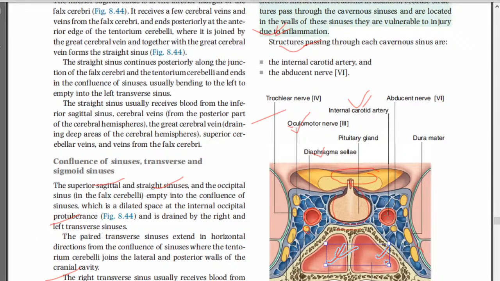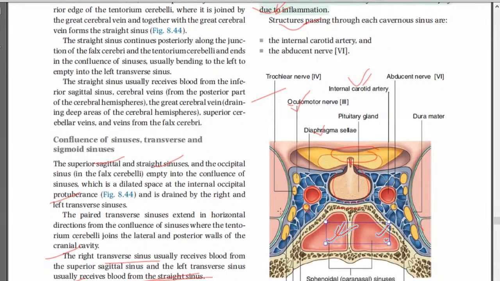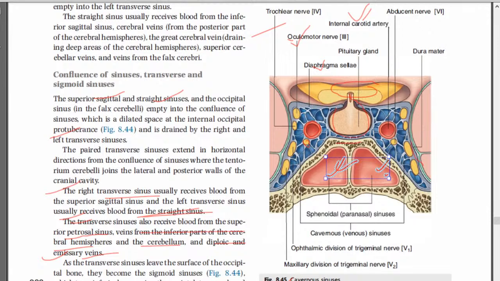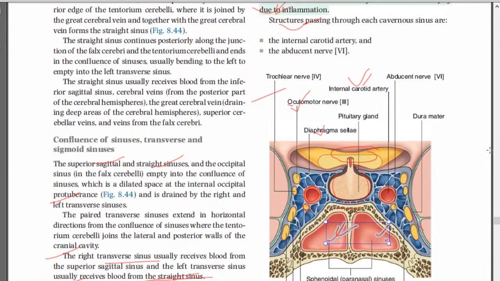Laterally, there is the cavum trigeminale containing the trigeminal ganglion and trigeminal nerve.